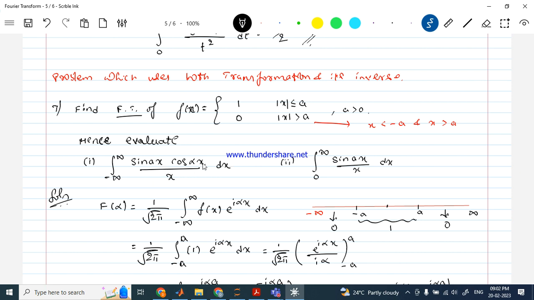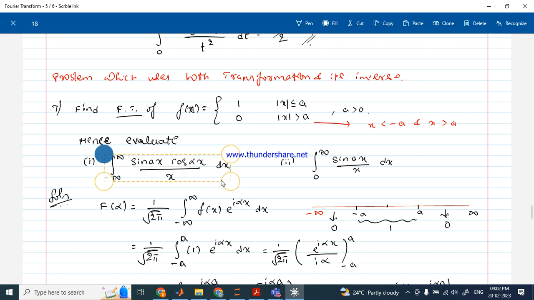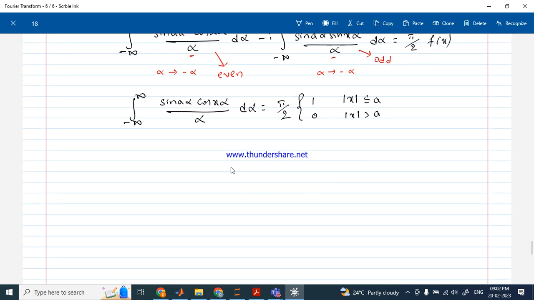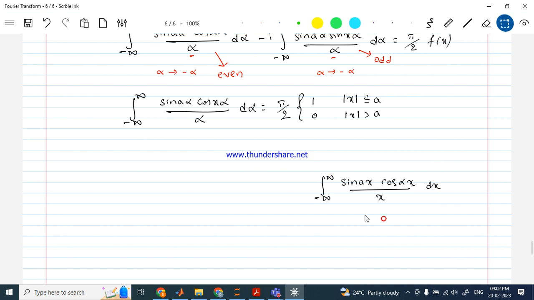But you can note that in this expression, let me just copy it and paste it down here so that we can compare those two integrals carefully. What can be seen here? Wherever you find alpha, in my required integral we have x.